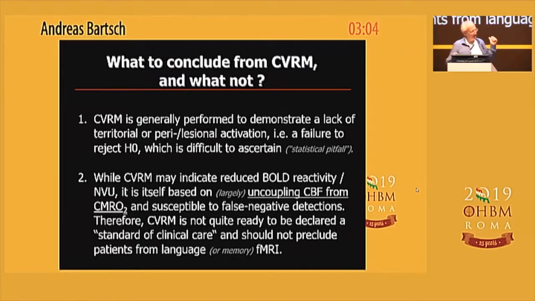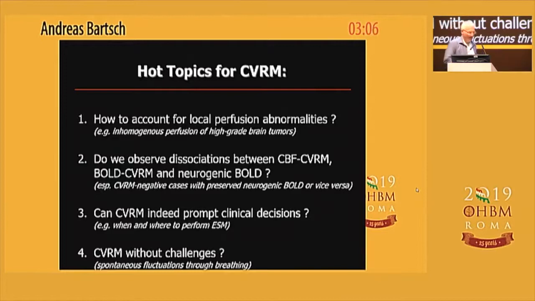I think the first line is probably a little, like I saw Mark making his thought about the failure to reject the null. So I think I maybe have not explained that properly, but maybe we can do that in the discussion. So what do I think are the hot topics for CVRM? The hot topic is how to account for perfusion abnormalities, for example, inhomogeneous perfusion in high-grade brain tumors, which is very common.